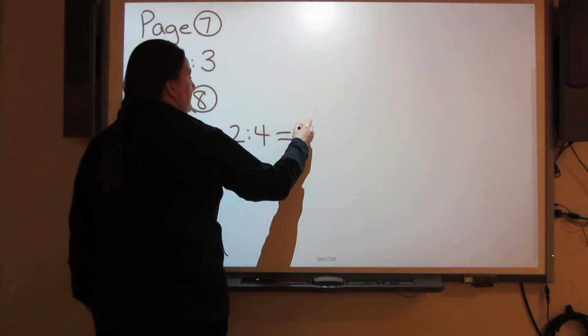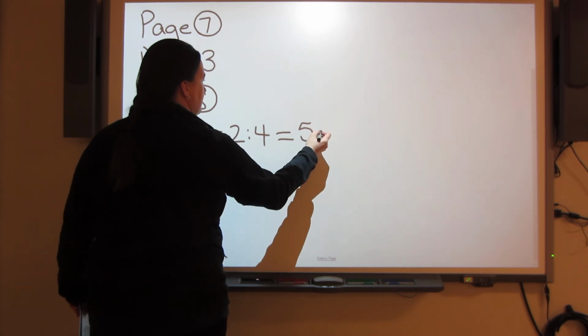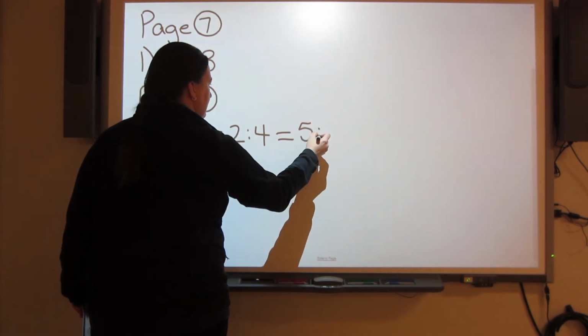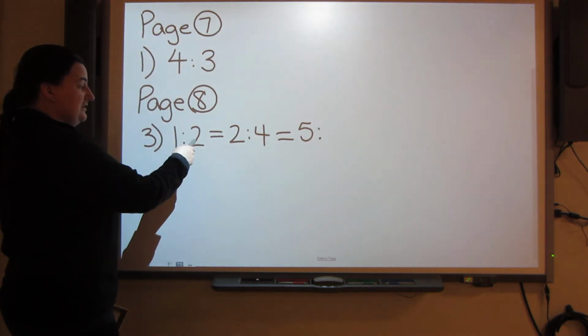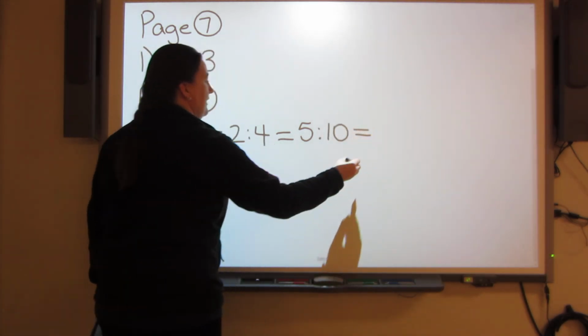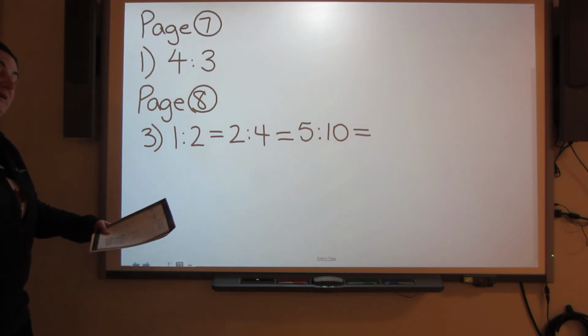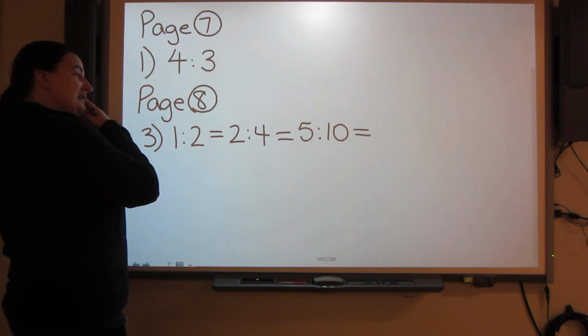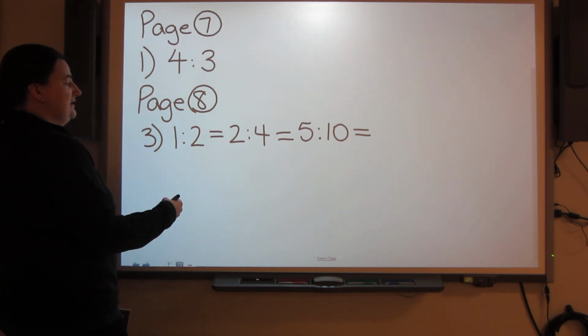1 times 5 is 5. And 2 times 5 is 10. I need 1 more, so just pick a random number. In this case, I'm going to pick 20.